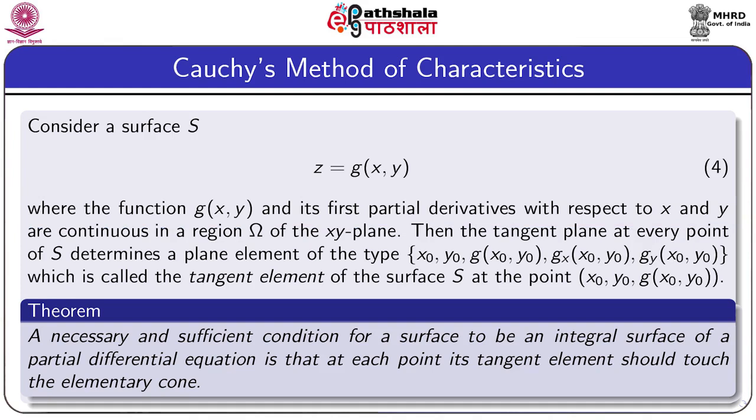Then the tangent plane at every point of S determines a plane element of the type (x0, y0, g(x0,y0), g_x(x0,y0), g_y(x0,y0)), and this is called the tangent element of the surface S at the point (x0, y0, g(x0,y0)).